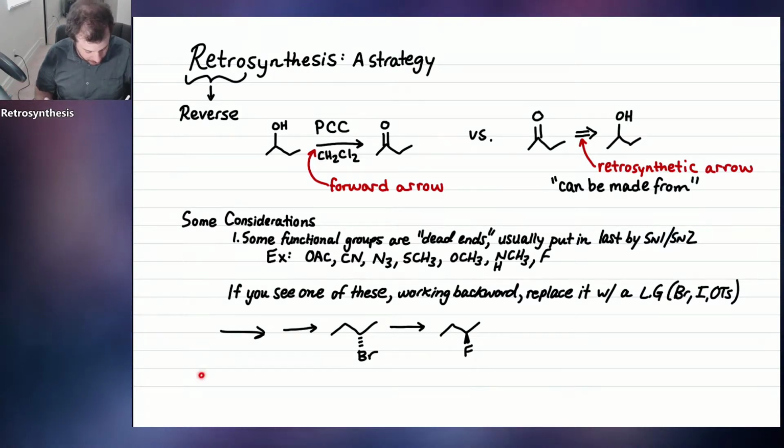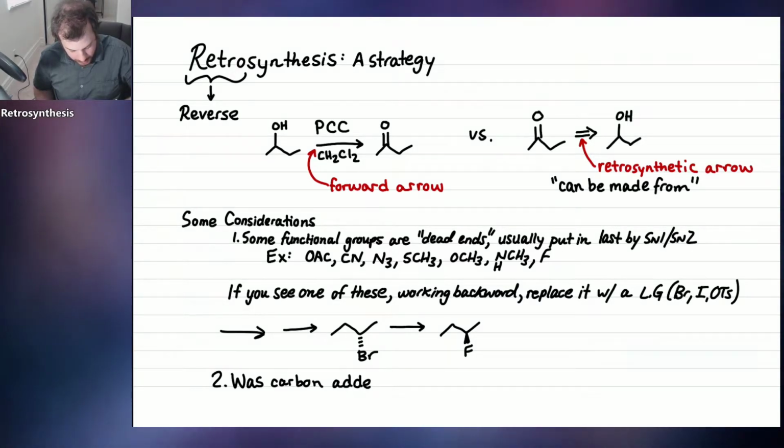Okay, next thing I want you to look for is, was carbon added? When you're doing a multi-step synthesis problem, you want to check to see if carbon was added to your starting material. Count the carbons in your starting material. If there's more carbons than you started with, you probably added a carbon-carbon bond.